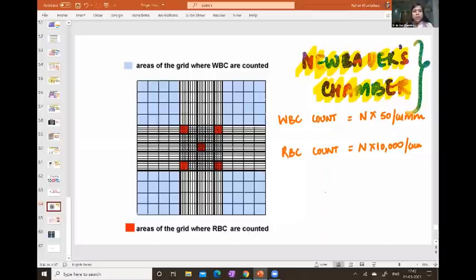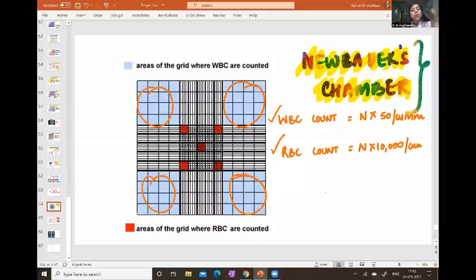So what I want to tell you here is that in these 4 squares, I count the number of WBCs. And in these red marked squares inside, I count the number of RBCs. And then we multiply them with a dilution factor and then estimate the WBC count and the RBC count, right?